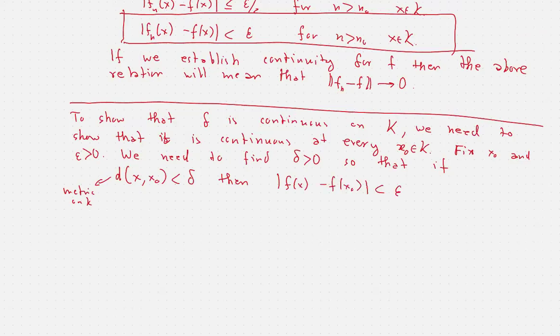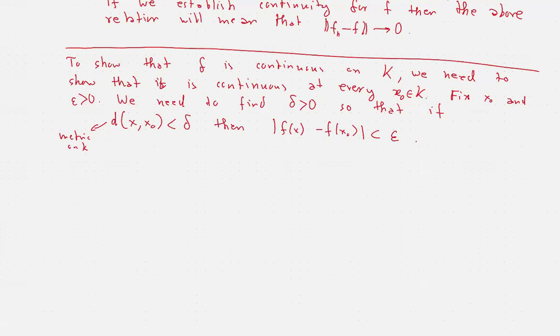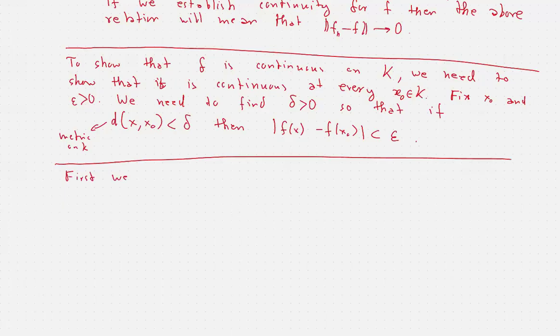So we find two things. First, we find, let's call it k in N, so that fk of x minus f of x is less than epsilon over 3 for every x in K. Remember, that's exactly what this thing says.